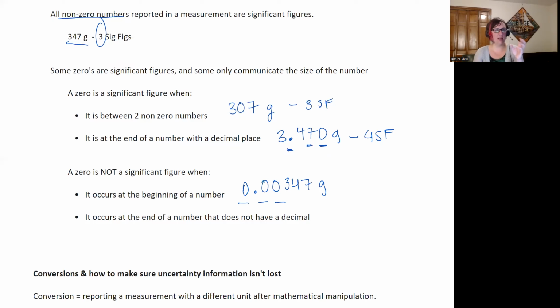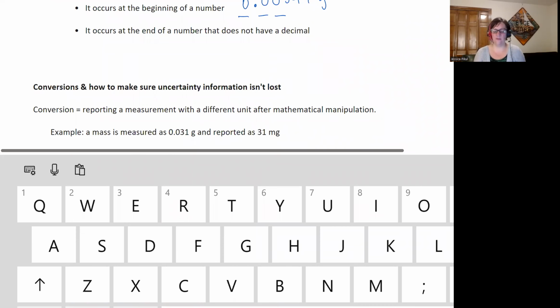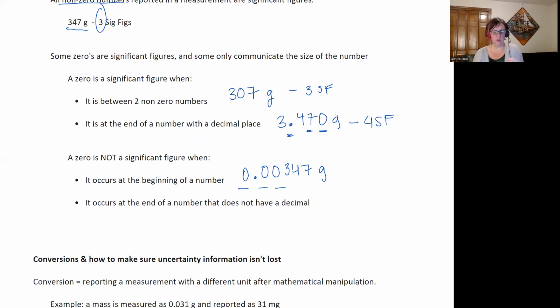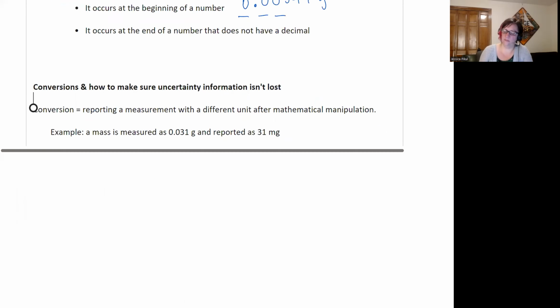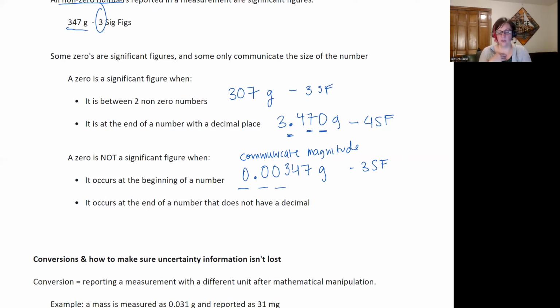These are really just telling us, no, this is an itty bitty number, not that we've measured these zeros, just that the numbers that we're measuring are very small. So these are placeholders. So these communicate magnitude. And this number would have only 3 significant figures.